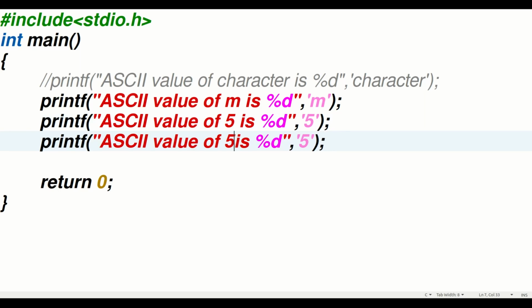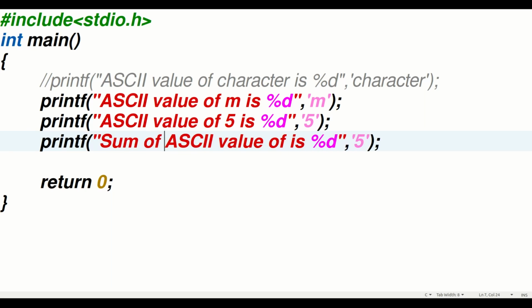Here it will be sum of ASCII value of m and 5 is %d, plus m.